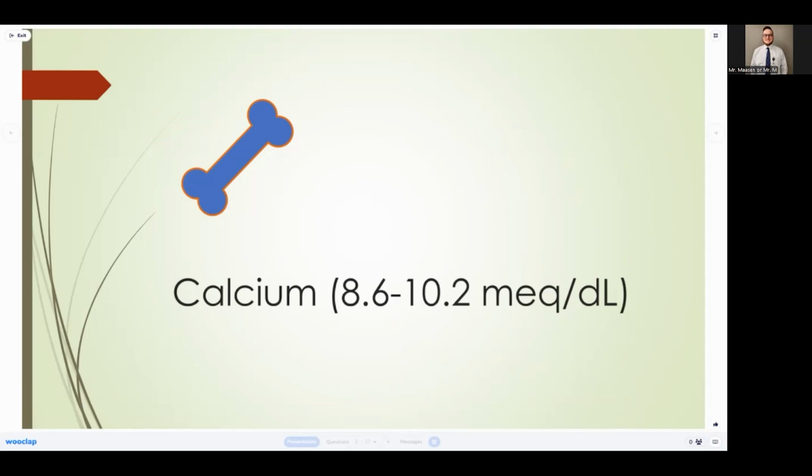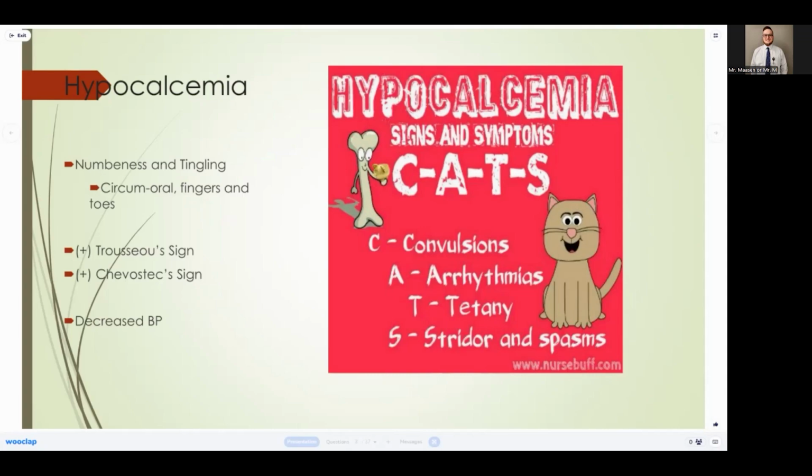And that's why the normal range of calcium you get in a blood test is lower than, say, sodium or something like that. So 8.6 to 10.2 milligrams per deciliter. So calcium is mostly found in the cell and really important for muscle contraction and nervous system impulses.